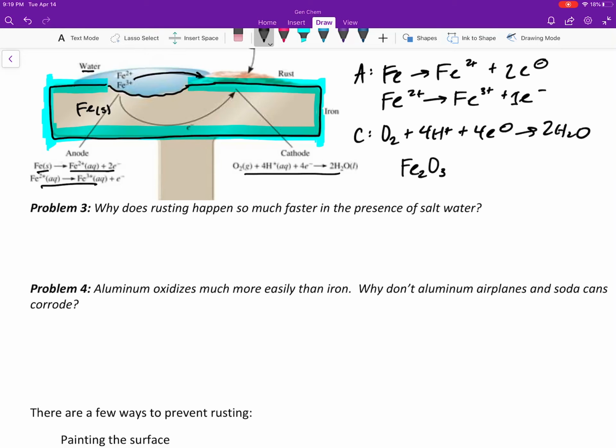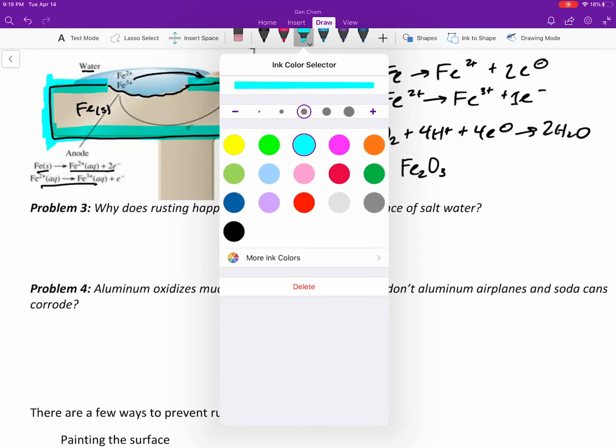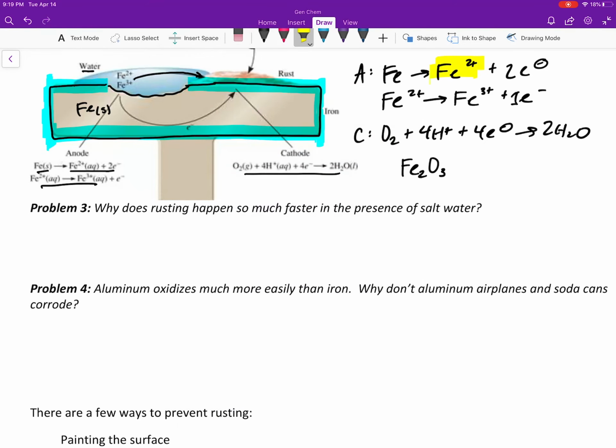So even though it does proceed by the oxidation first to iron 2 plus, that iron 2 plus is going to oxidize further into iron 3 plus, which is the compound that we associate with rust. Iron 3 oxide.